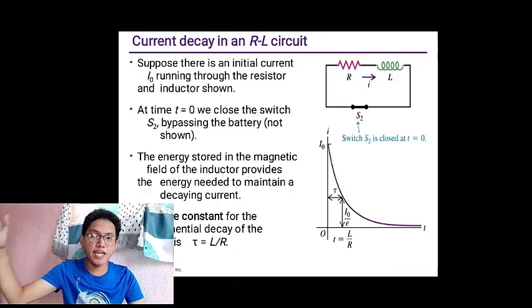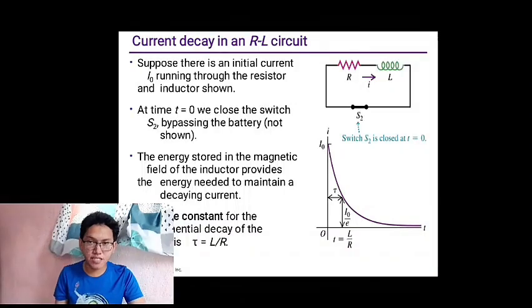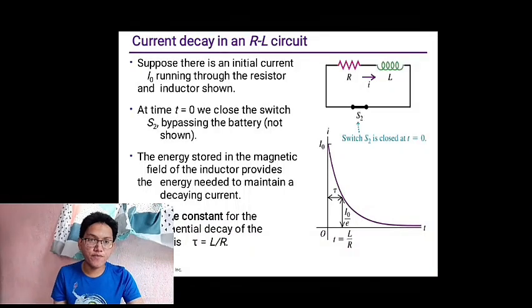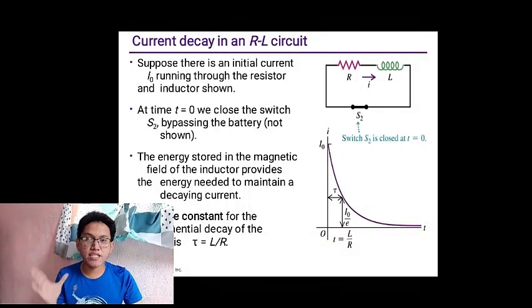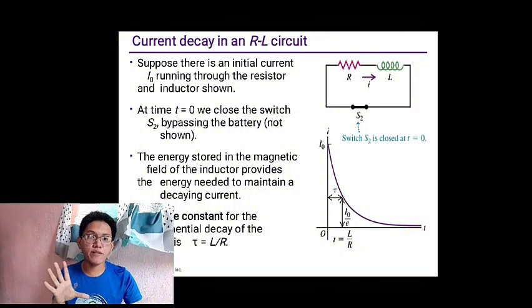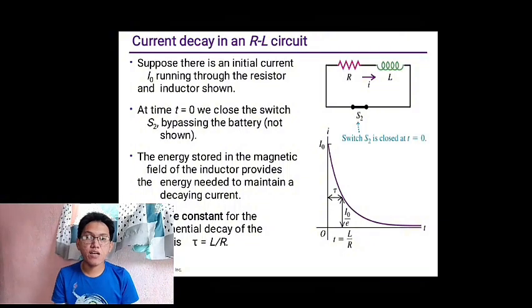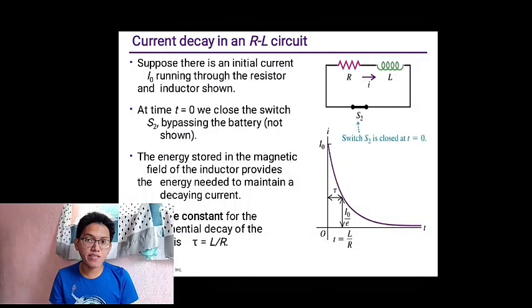Now, for current decay in an RL circuit, when the battery is removed, the energy stored in the magnetic field of the inductor maintains a decreasing current. So the current decays exponentially with the same time constant, L over R. So, this is the formula.